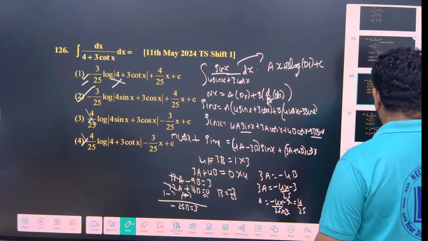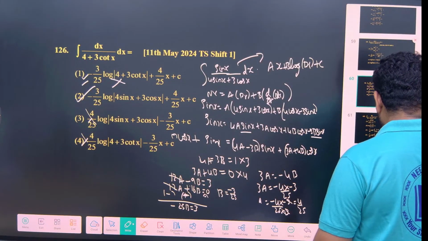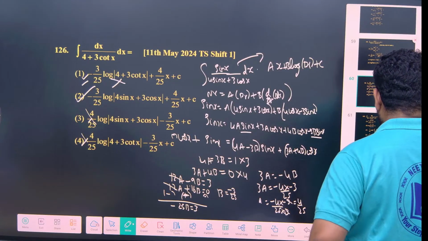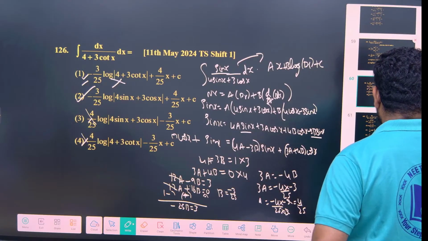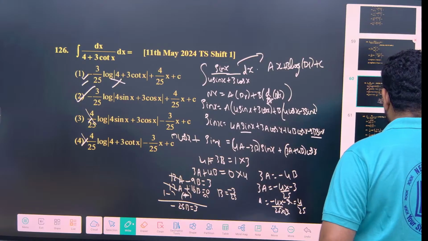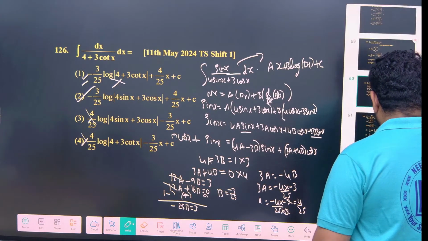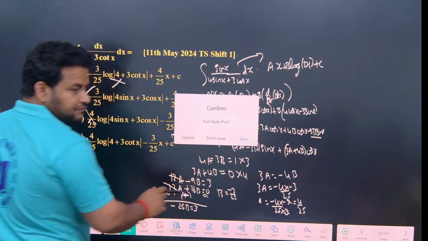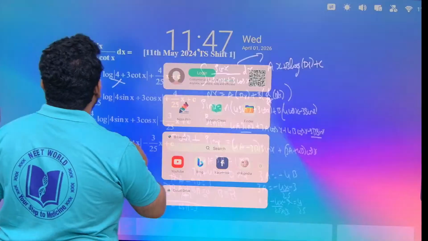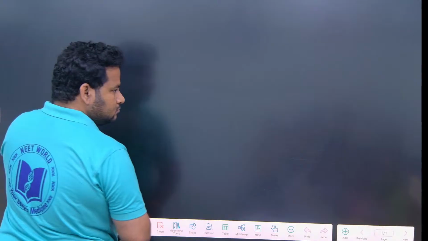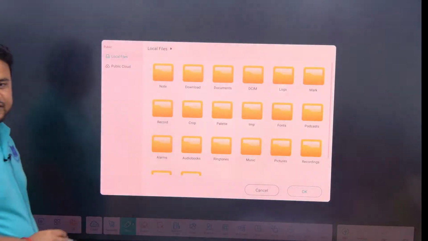Any other question? Okay, fine, then we will do the remaining questions later. We will go for definite integration. Understood these questions we did, everyone?